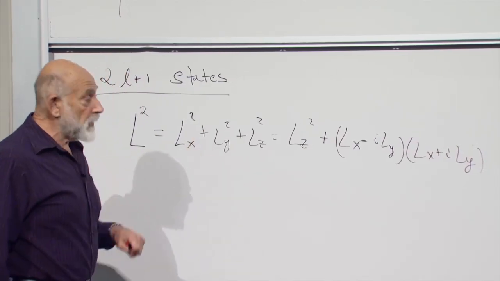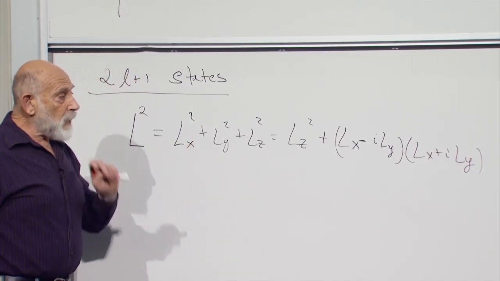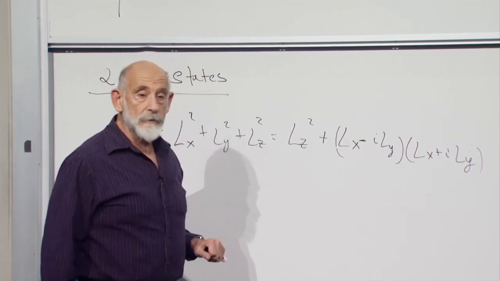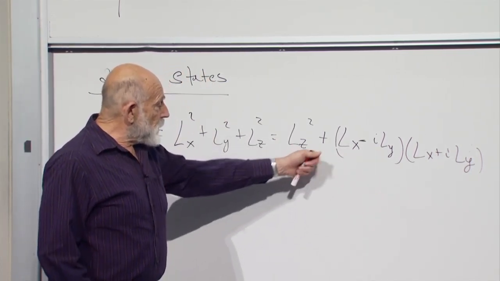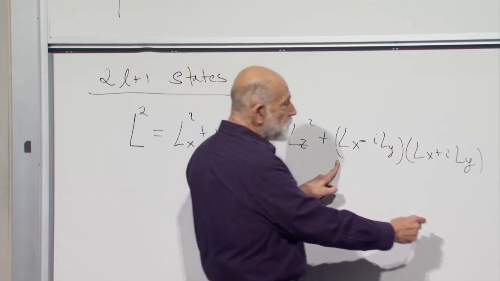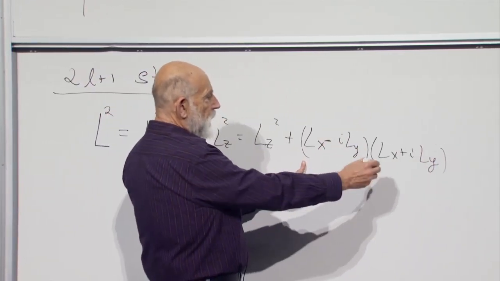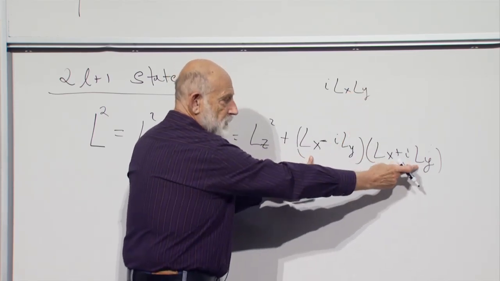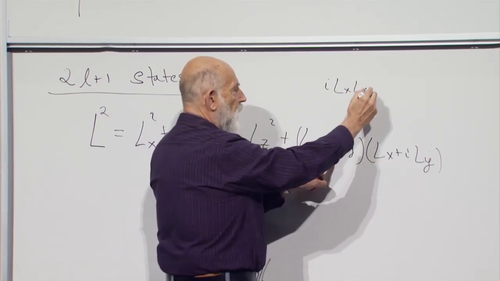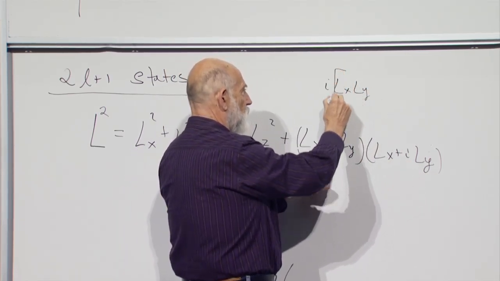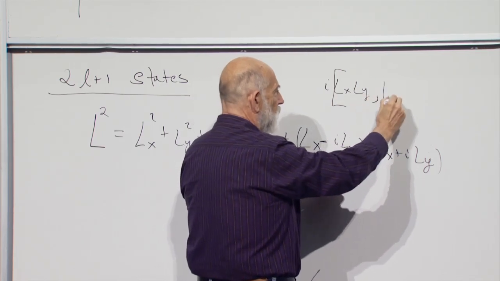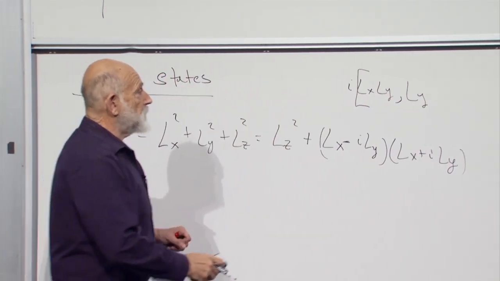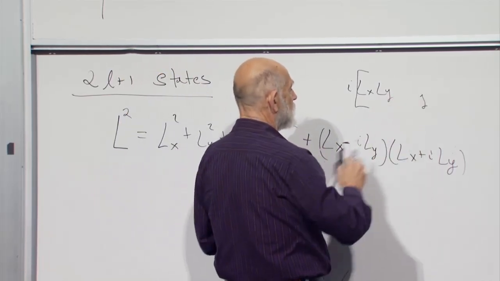So this is a correct equation classically. It's not quite right quantum mechanically, and the reason is that Lx and Ly don't commute. We actually have an extra term here. We have the extra term, let's see what it is. It's i Lx Ly, that's this product, and then minus i Ly Lx. So it has the commutator of Lx and Ly in it.